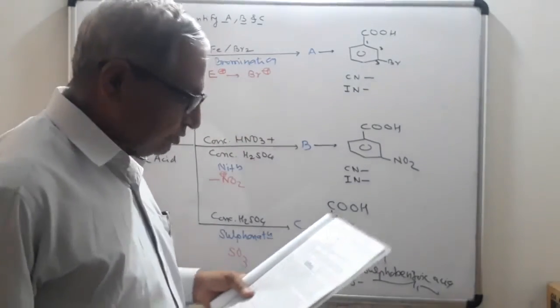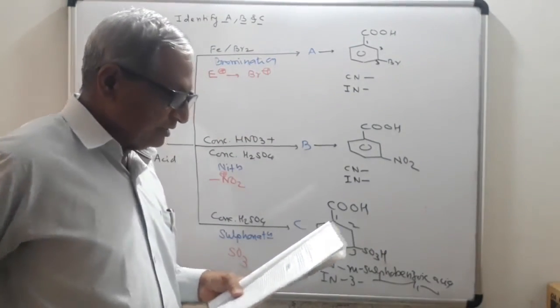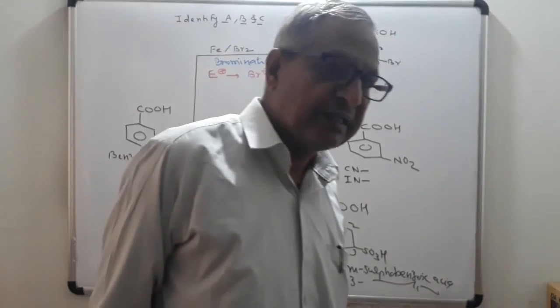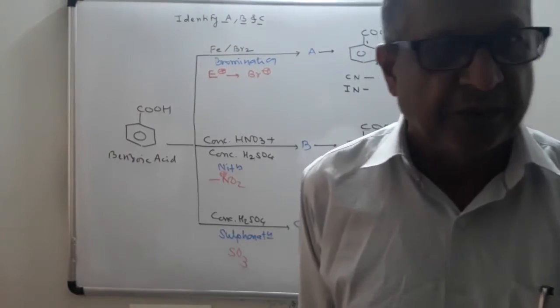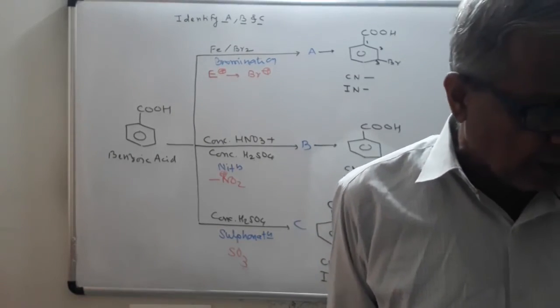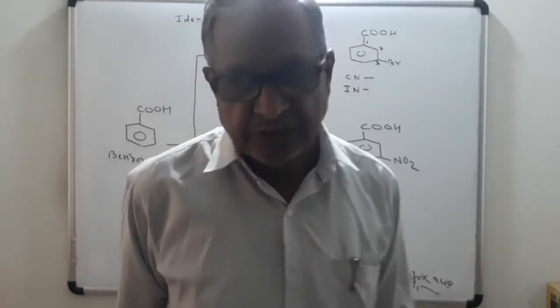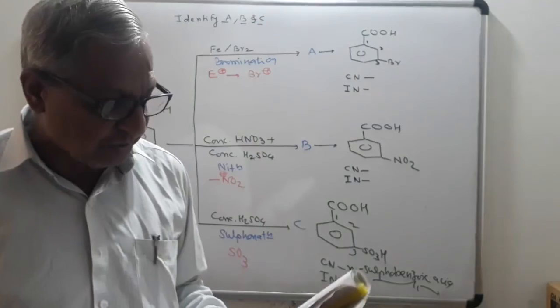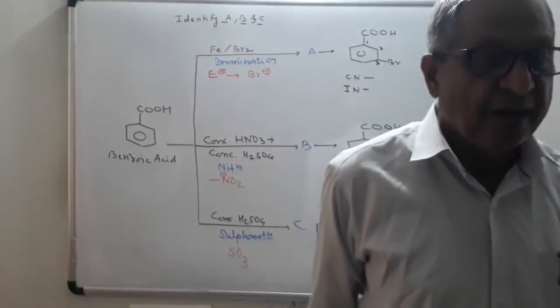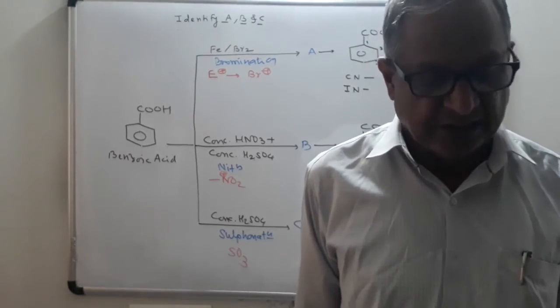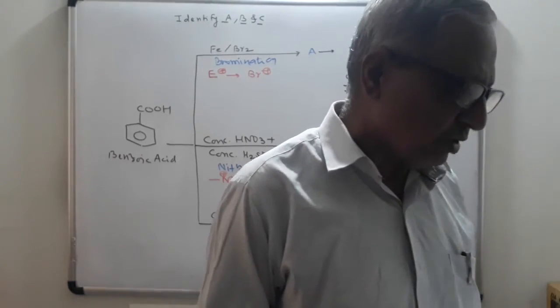Formic acid is also used as a reducing agent. Acetic acid, particularly 6 to 8% acetic acid, is used as vinegar. It is a food preservative. It is used to preserve pickle. Adipic acid is used for the preparation of nylon 6 and nylon 66. Higher fatty acids are used in the manufacture of soaps and detergents. These are the uses of carboxylic acid.